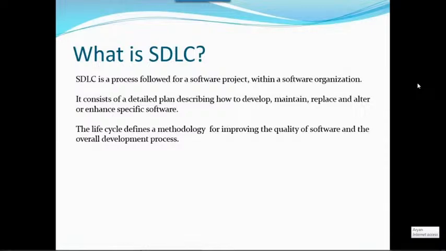We can also say it's a bug-free product, meaning we already tested it, found no defects, and so we can go for the release. Understood, right? But always say quality. The life cycle defines the methodology for improving the quality of the software and the overall development process. Let's see what the SDLC process is.